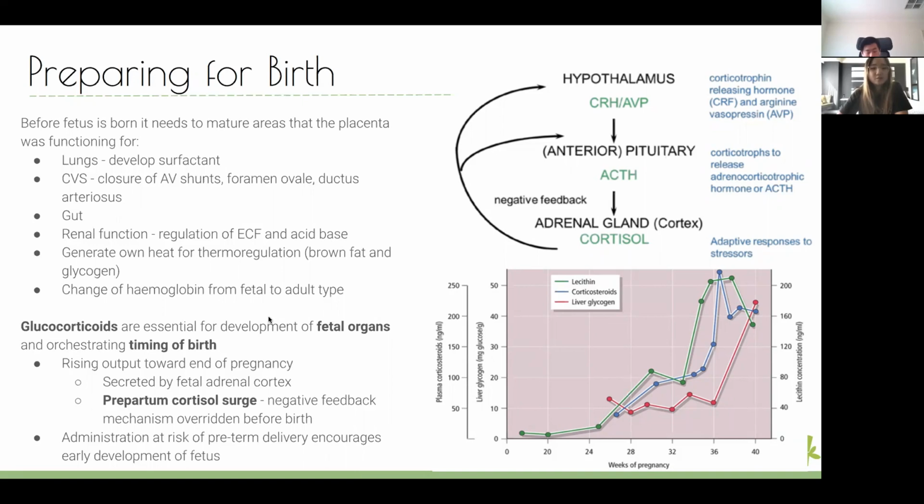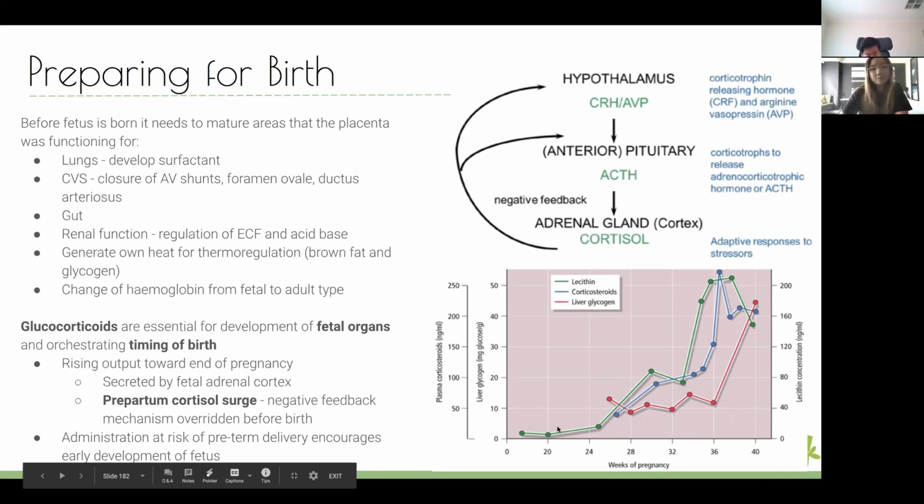And so how does this all happen? What is it triggered by? It's triggered by glucocorticoids. That's absolutely essential for the development of fetal organs and orchestrating the timing of birth. So you have this thing called the prepartum cortisol surge. The whole time during pregnancy, you've got almost like suppression on your corticosteroids.